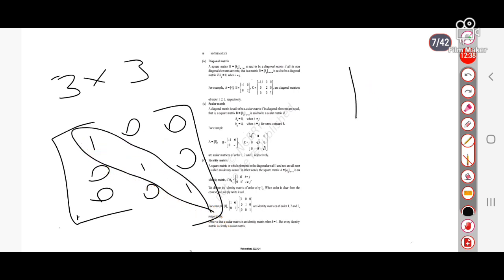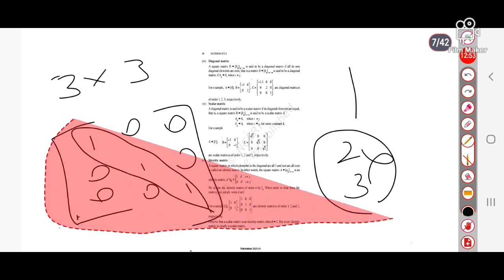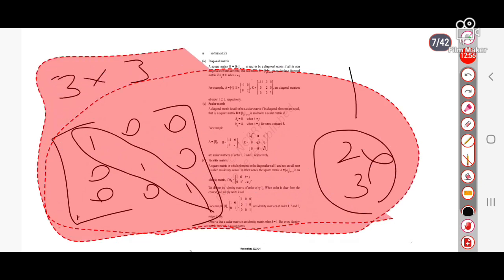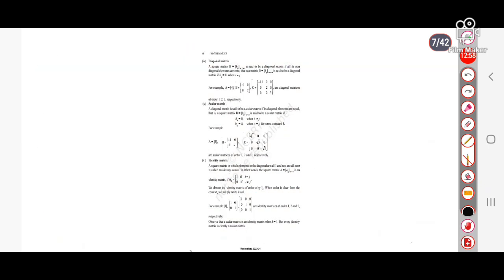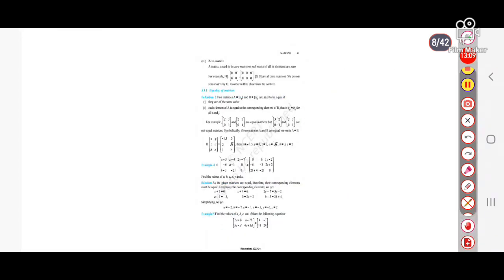You cannot put 2 or 3 everywhere and make it an identity matrix; that becomes a scalar matrix or a diagonal matrix. Only 1 should be present, then it is a unity matrix, that is, an identity matrix. These are the types of matrix, general representations, which are important before moving on to the next topics in this chapter.